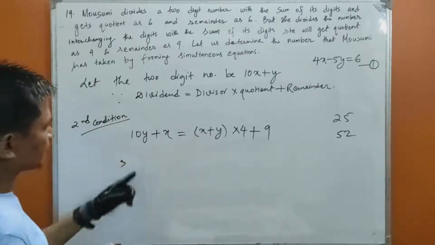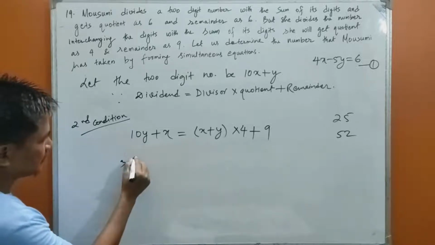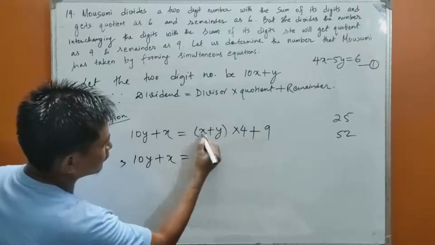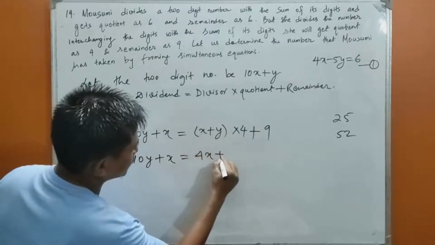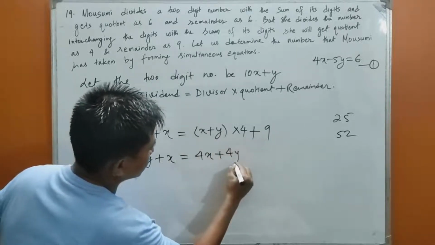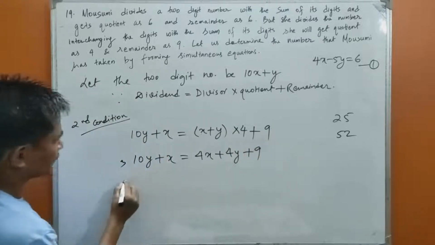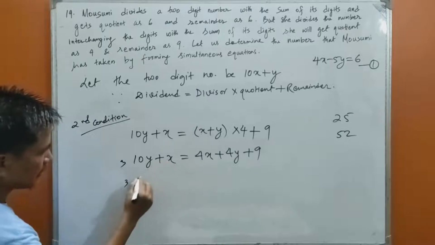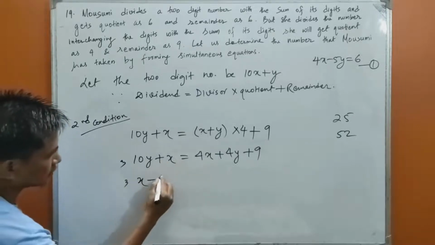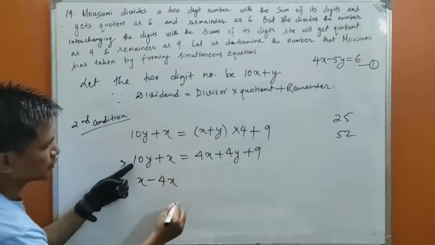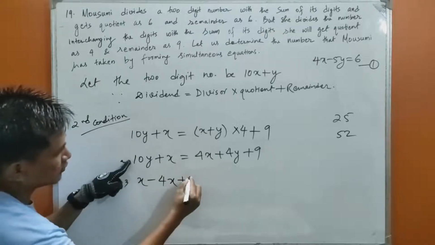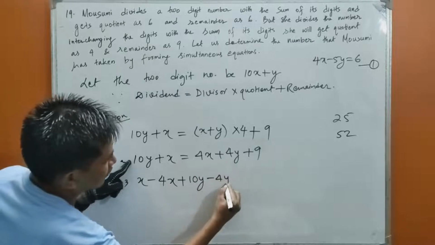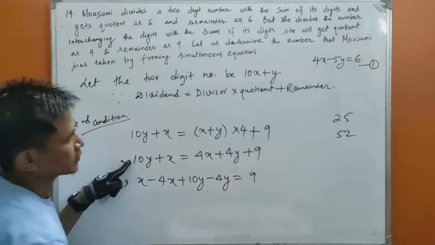Now let us simplify this. 10y plus x equals 4 into x is 4x plus 4 into y is 4y plus 9, isn't it? Let us bring this 4x and 4y to the left hand side. We have x minus 4x, plus 10y minus 4y, equals, in the right hand side now remains only 9.